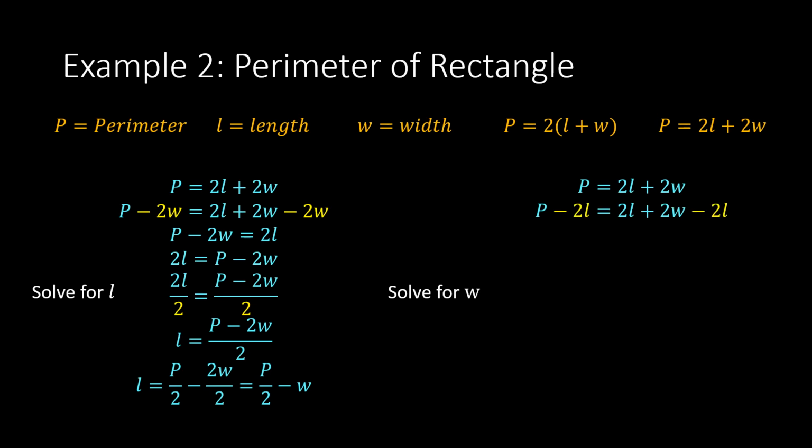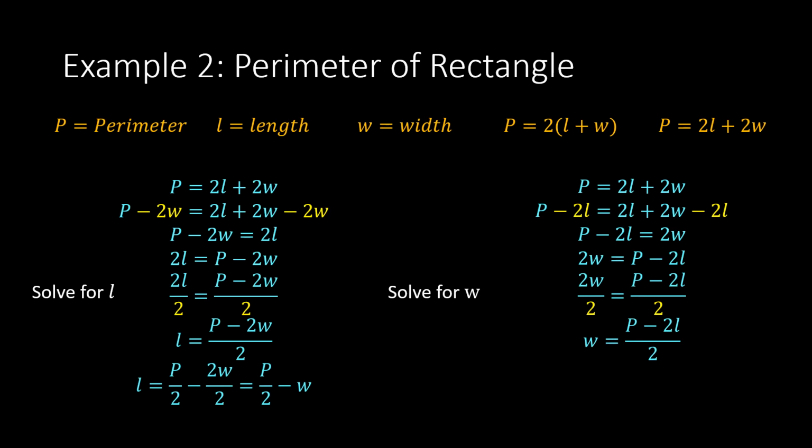Now, you deduct 2L from both sides, and this would be the difference. By the reflexive property, 2W is equal to perimeter minus 2L. Then dividing both sides by 2, you have the perimeter minus 2L over 2. When you dissect the fraction, you have width is equal to perimeter over 2 minus the length.